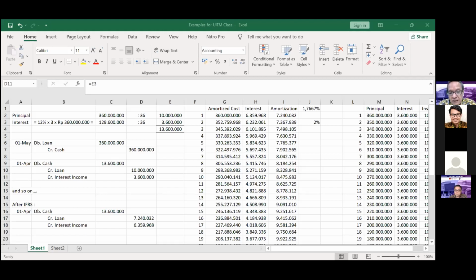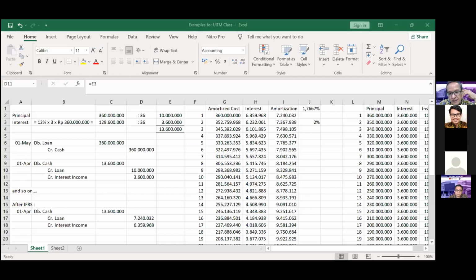Therefore, the exposure at default should be added by 20% times 90 million. Where does the 20% come from? 20% comes from the regulator. I think this is not only the Indonesian regulator, but it's from Basel, that is the international regulator.